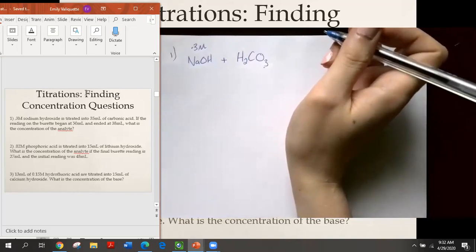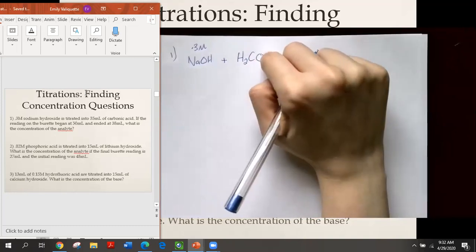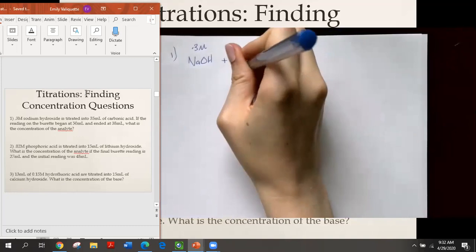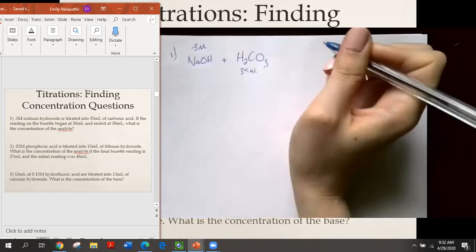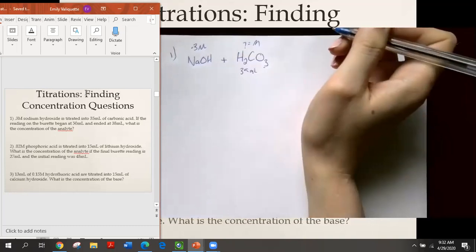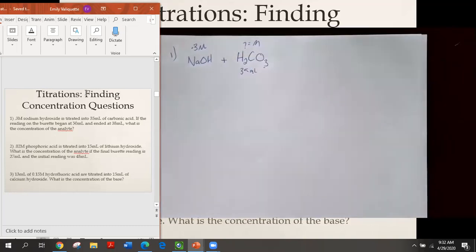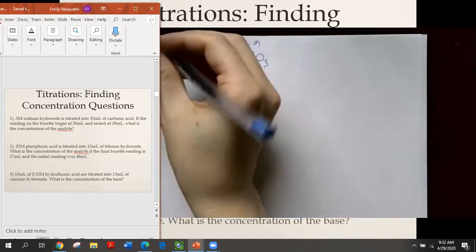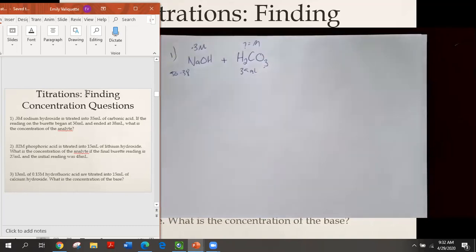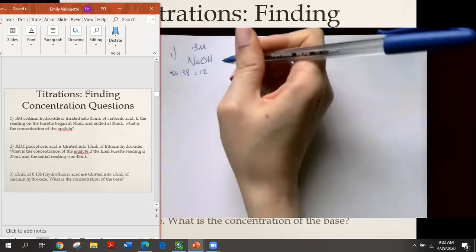It wants to know the concentration of the analyte. So we've got 35 milliliters of our carbonic acid. It's looking for the concentration. It also tells us that the reading on the burette went from 50 to 38. So if we just subtract those, which I should be able to do in my head, but I'm not, it's 12 milliliters.